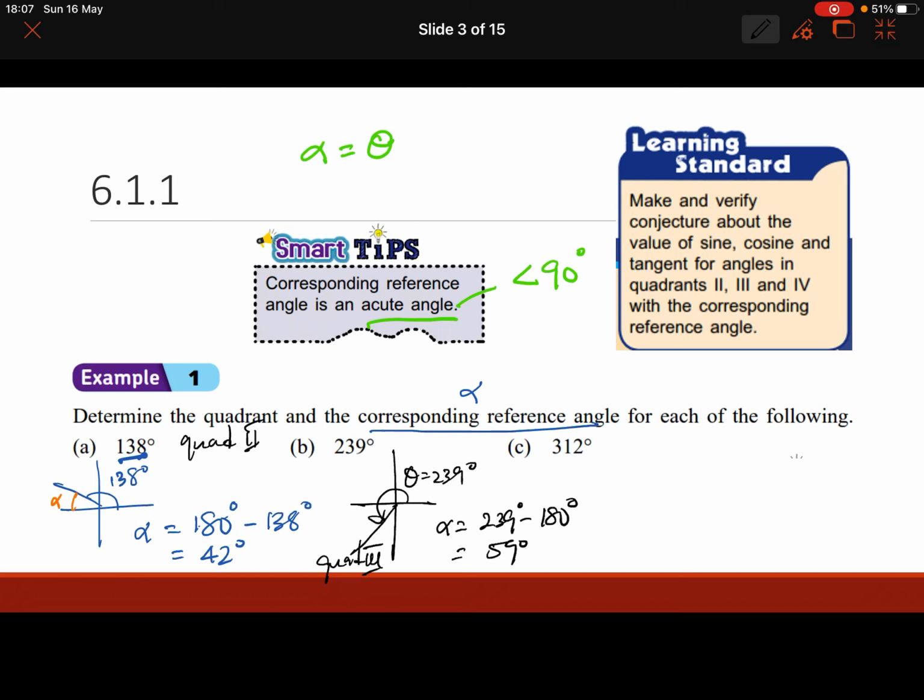Okay, so it is here, corresponding reference angle. 312 is in the fourth quadrant.